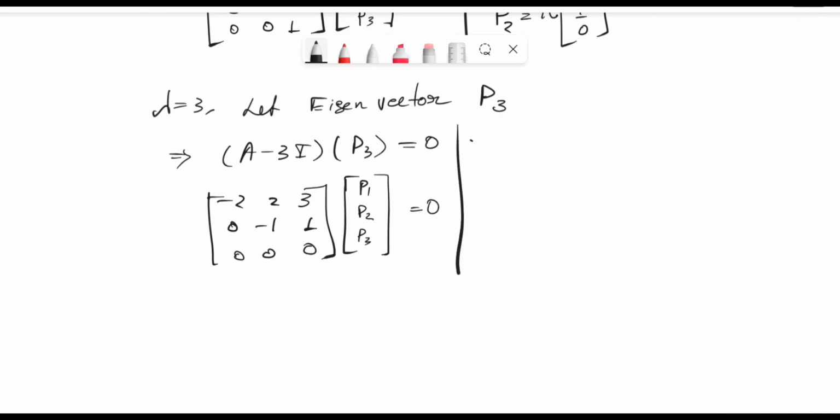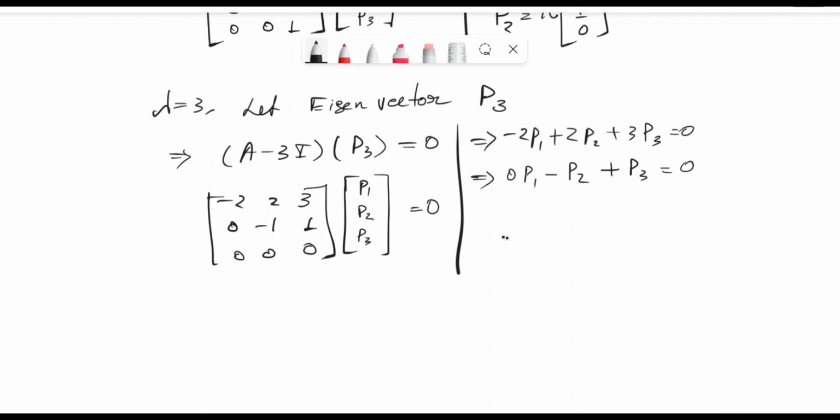The system of equations is minus 2 p1 plus 2 p2 plus 3 p3 equal to 0, and 0 p1 minus p2 plus p3 equal to 0.